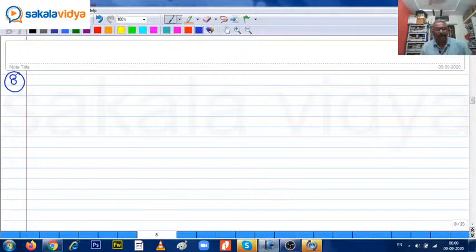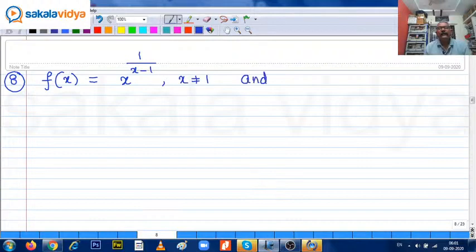Now, eighth one. F of x equals x to the power of 1 upon x minus 1, x does not equal 1, and f is continuous at x is equal to 1.